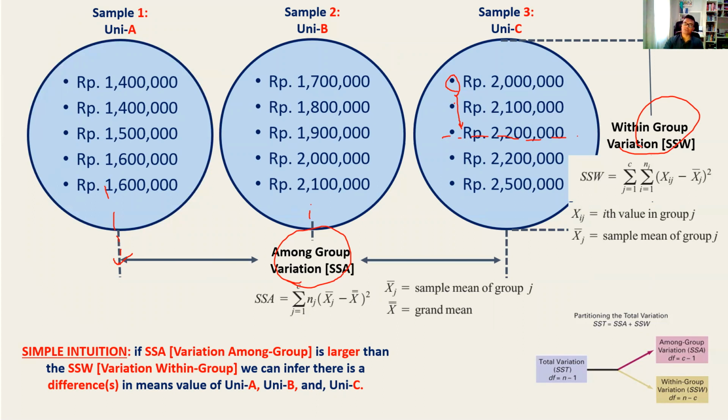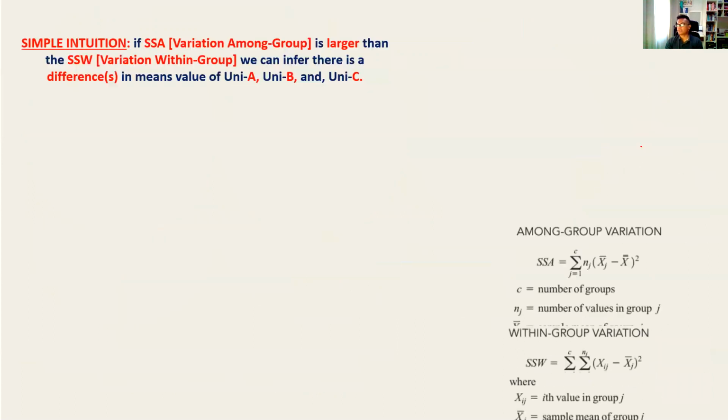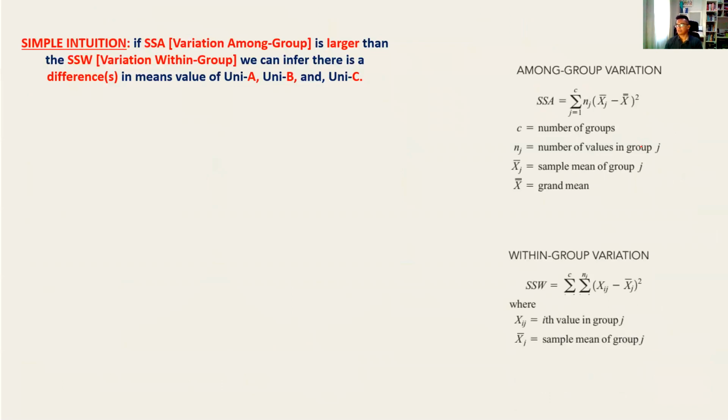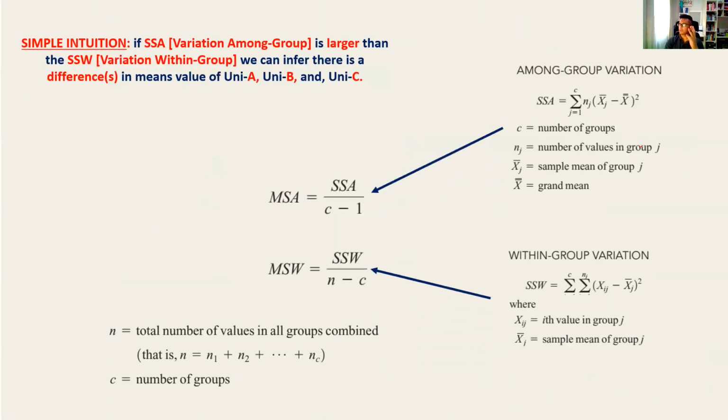And technically, that drills down to the F-test formula. Mathematically, we use the F-statistic to check whether the ratio between the among group variation and the within group variation is large enough or not.